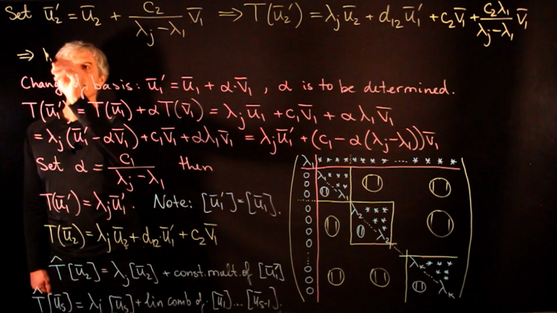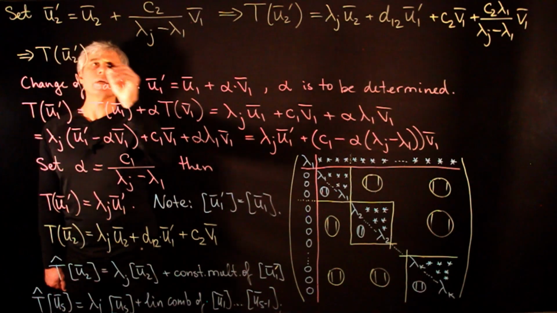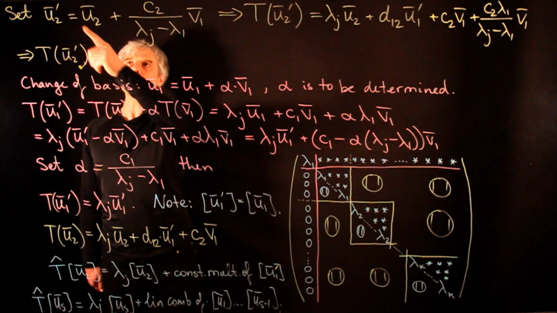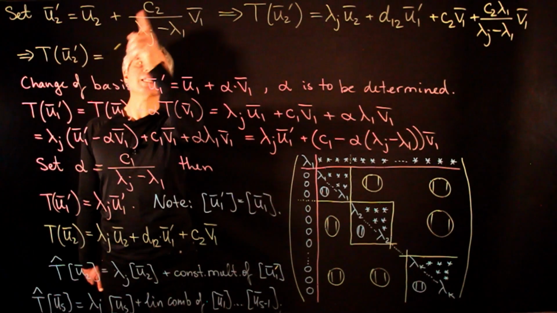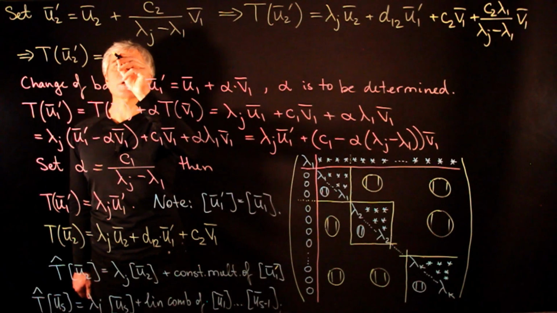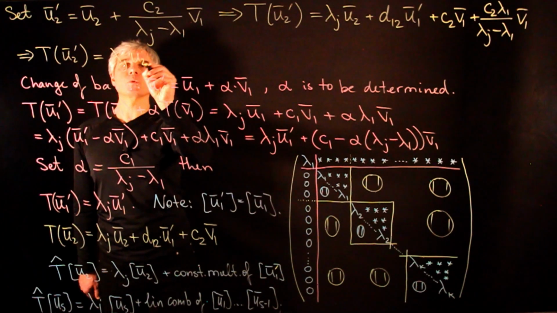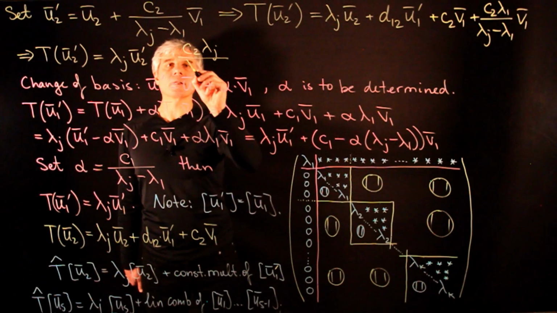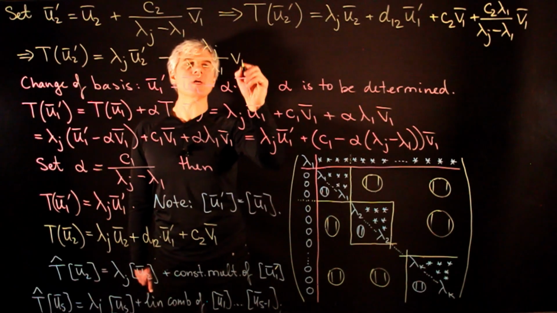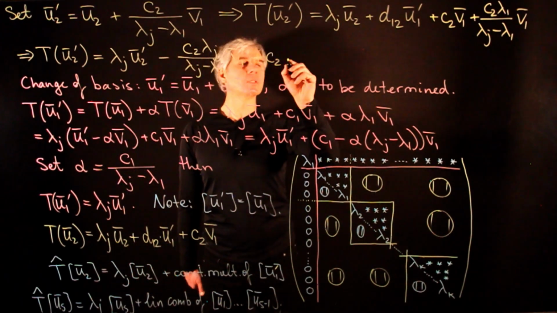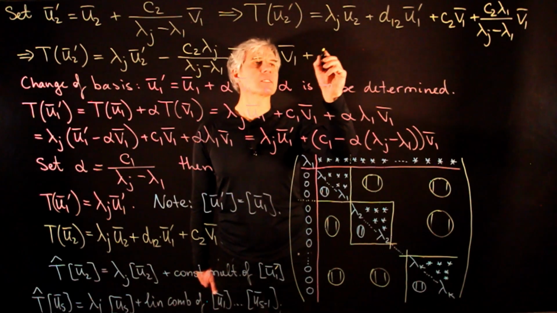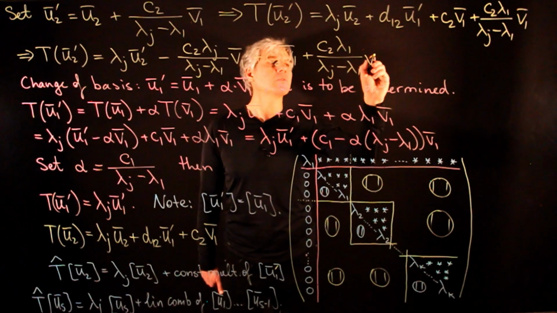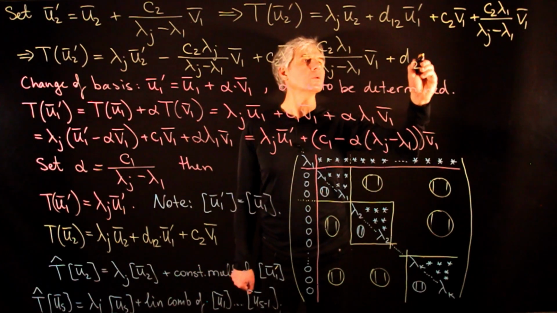And now let us rewrite T of u2 prime in terms of u2 prime on the right hand side. So u2 can be expressed as u2 prime minus this multiple of v1. So we're going to get lambda j times u2 prime minus c2 lambda j over lambda j minus lambda 1 times v1 plus c2 times v1 and plus c2 lambda 1 over lambda j minus lambda 1 times v1 plus d12 u1 prime.